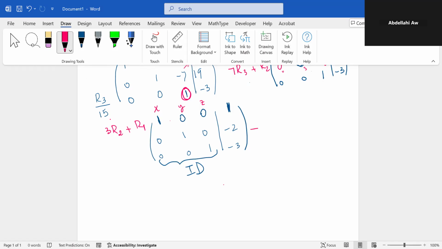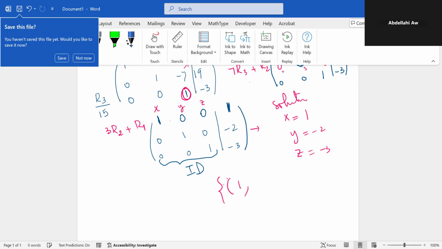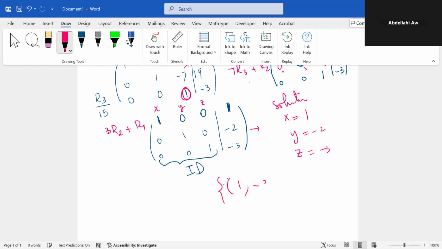So the solution is x equals 1, y equals -2, and z equals -3. So I have a unique solution, one solution: 1, -2, -3, right?